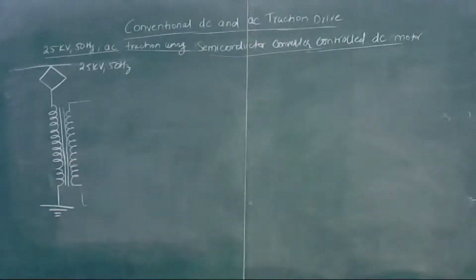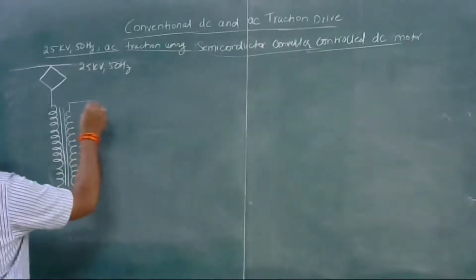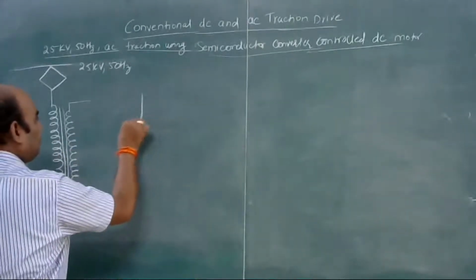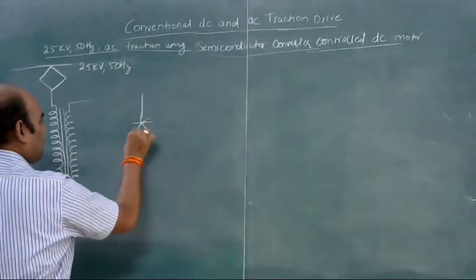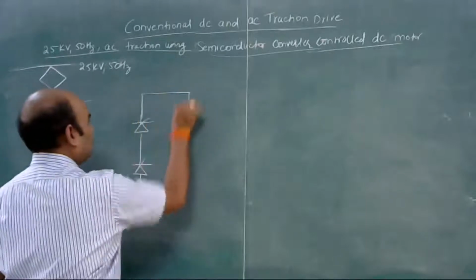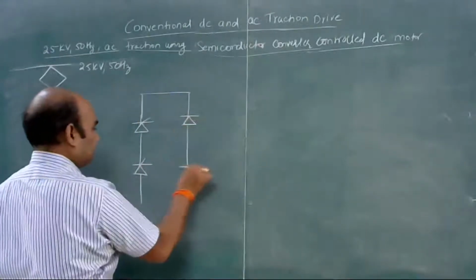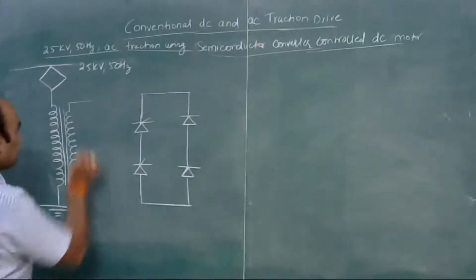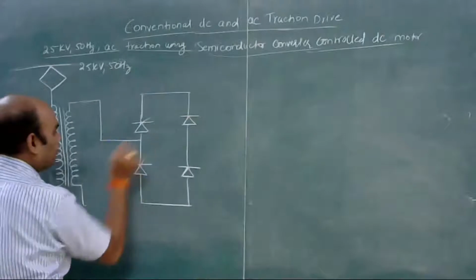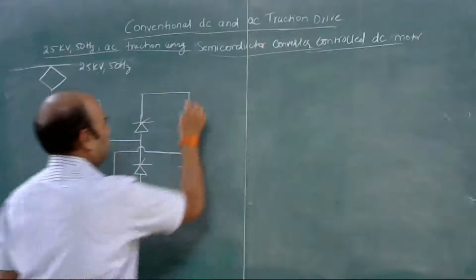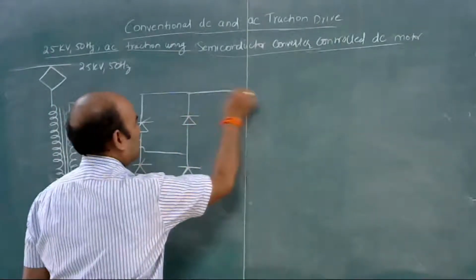Okay. So here what we have is a half control bridge using SCRs. So we have two SCRs, this is a semi-controlled rectifier, and two diodes. Okay, so this is fed to the secondary of the transformer, and here we have traction motors.